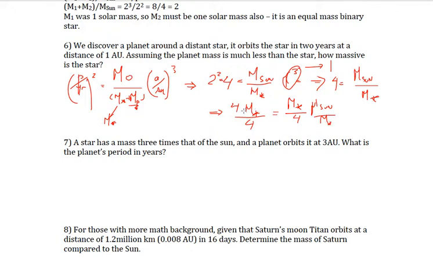So this cancels out on this side, and this cancels out on this side. So then m star equals m sun divided by 4. So the mass of the star is a quarter the mass of the sun.